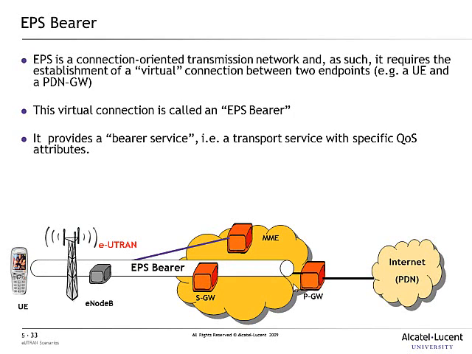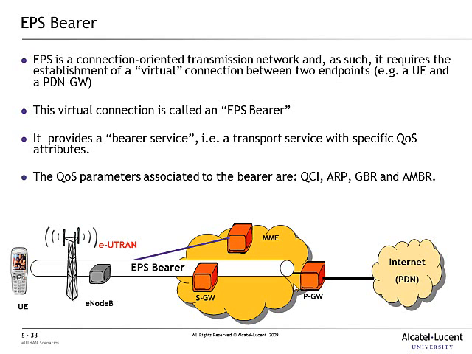And on this bearer, we provide transport of packets with certain quality of service attributes. Now, what are these quality of service attributes? Well, we have four important ones. They are QCI, ARP, GBR. GBR stands for guaranteed bit rate. QCI stands for quality of class indicator.